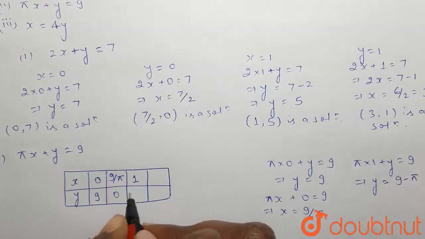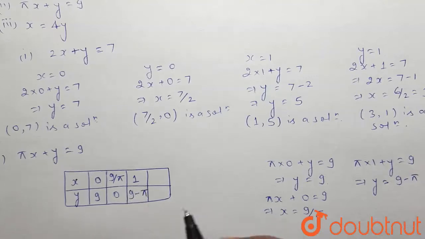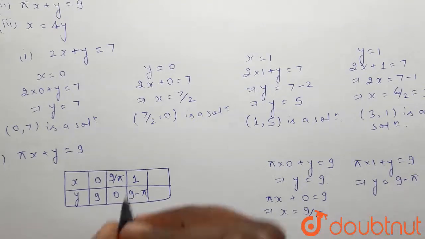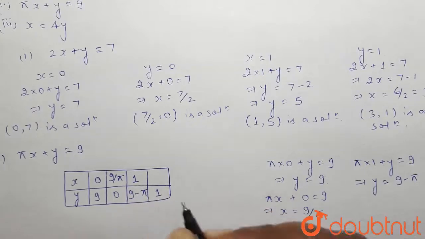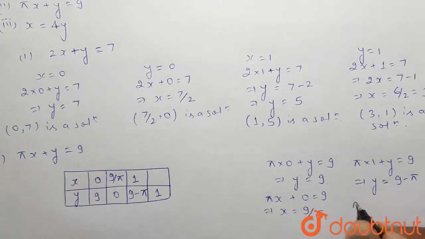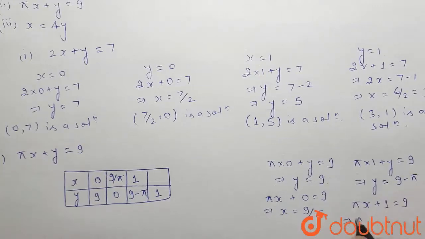And to find the fourth solution, let's put the value of y as 1. So this equation will be pi into x plus 1 equals to 9, and this gives pi into x equals to 9 minus 1, that is 8, so x will be equal to 8 divided by pi.